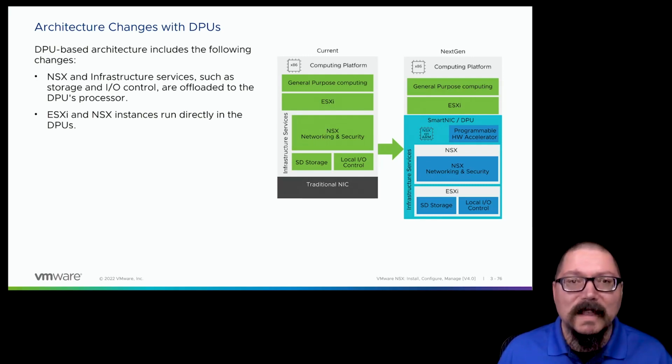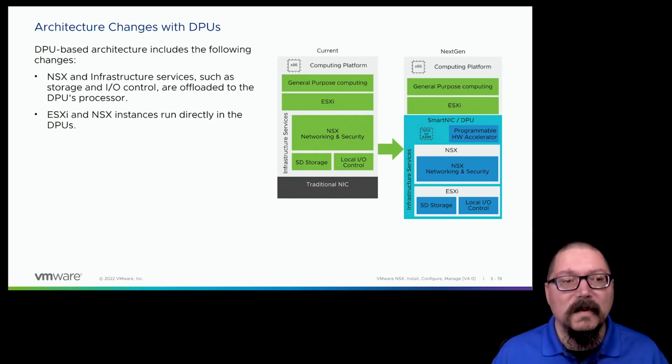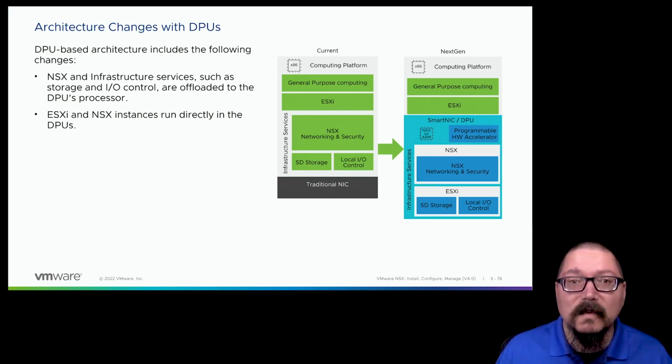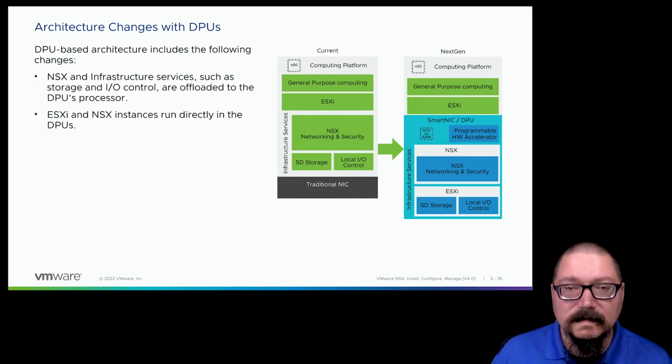We could think about them that way, and these are going to run processes related to NSX for our network I/O and our security I/O, and some stuff for ESXi, right, related to storage and virtual SAN and things like that, so that we can have that I/O acceleration as well, that storage acceleration and separation, as well as the network I/O and security acceleration.